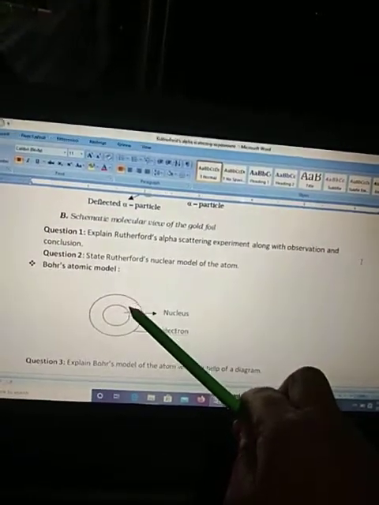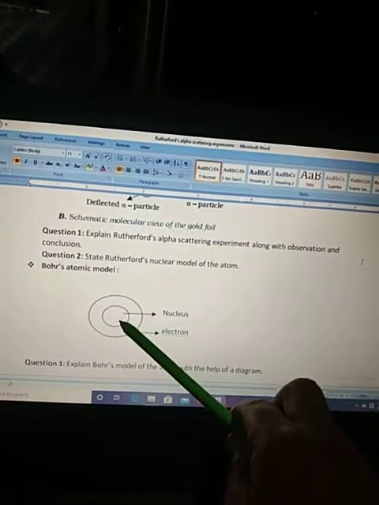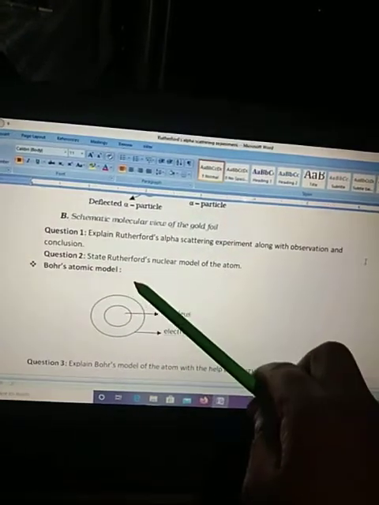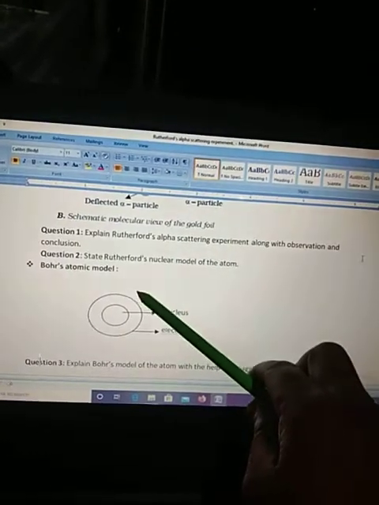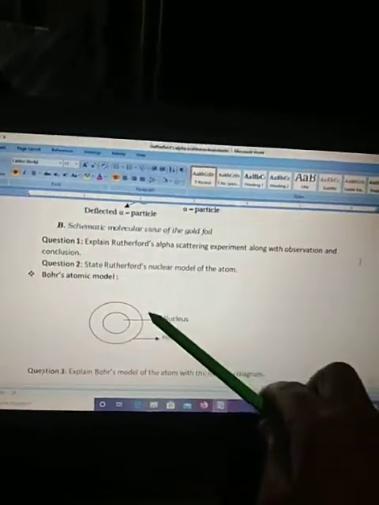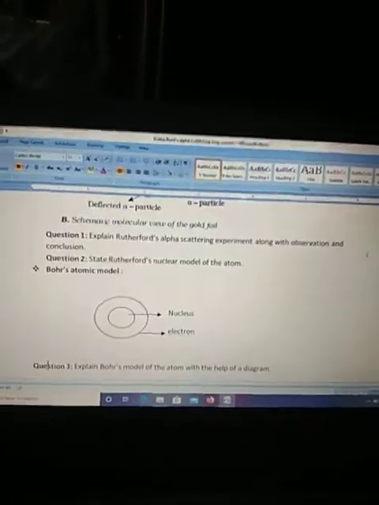They are called energy levels, and the orbits near the nucleus have lower energy, and the orbits at the far end have higher energy. Okay, so this comes from Bohr's atomic model.